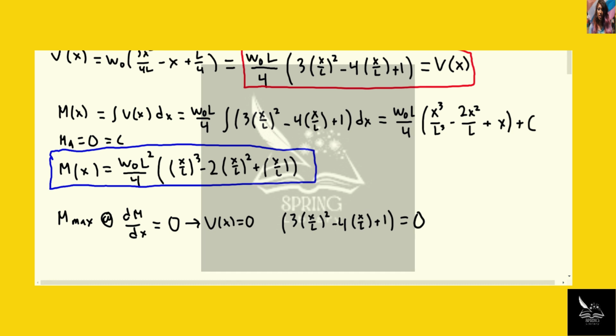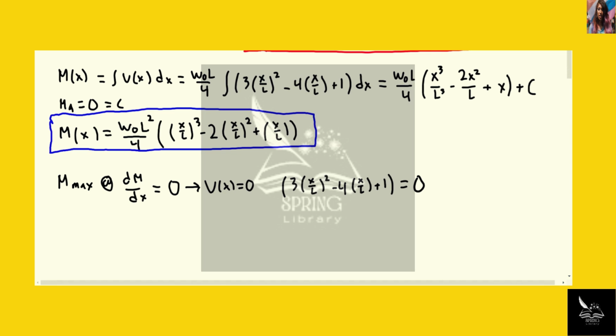Okay, this is why we factored an L out. We're now able to factor this simply, and we're left with, for our V, 3 x over L minus 1 and an x over L minus 1 equal to 0.